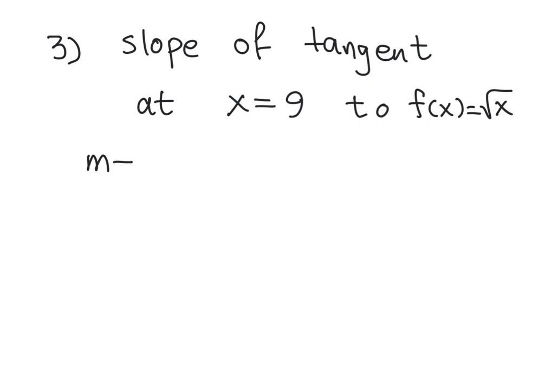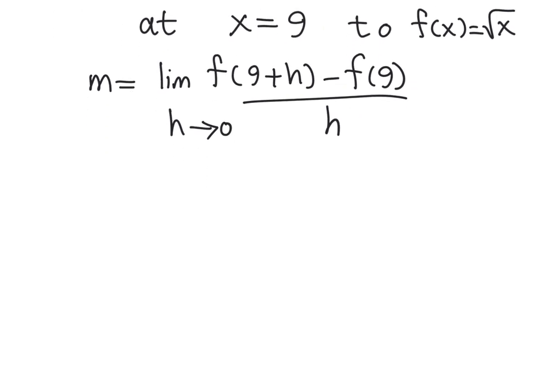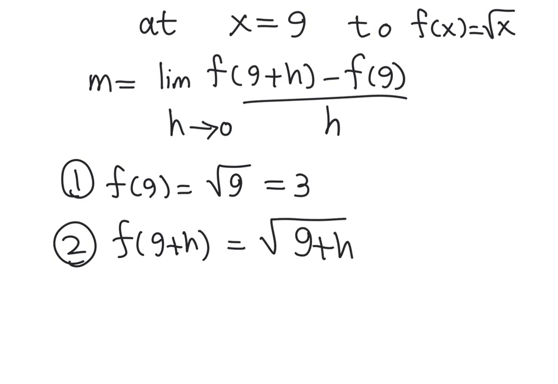Again, we write the formula, the limit of f of 9 plus h minus f of 9 over h as h goes to 0. So first step, f of 9, which is equal to root 9 equals 3. Second step, you find f of 9 plus h equals root 9 plus h.